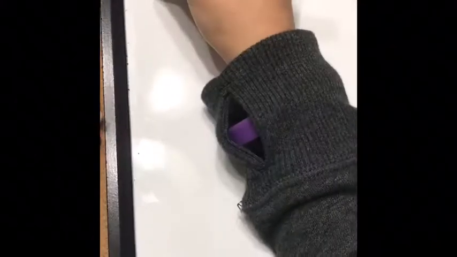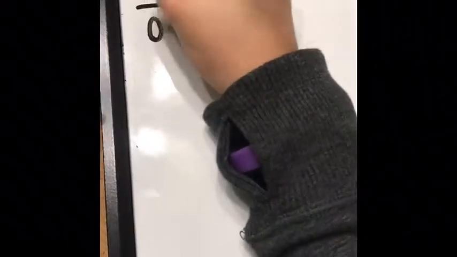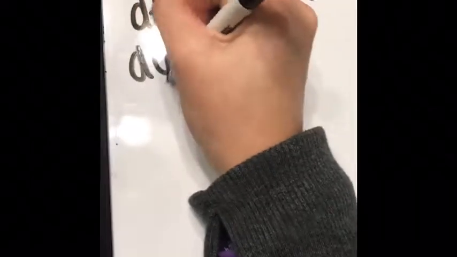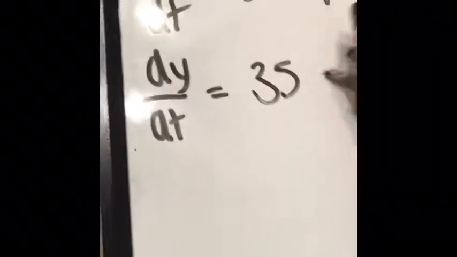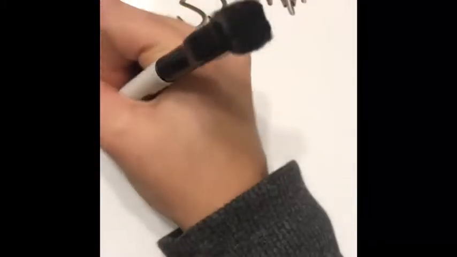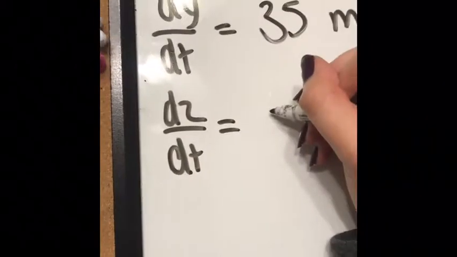So first we are going to write down what the problem gave us and what variables we should use with them. The problem gave us that Emma is traveling at 50 miles per hour, that Zach is traveling at 35 miles per hour, and that we are trying to find the rate at which the distance is changing between them.